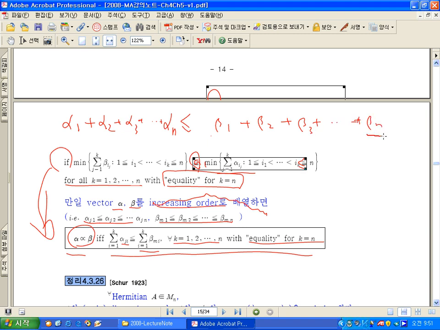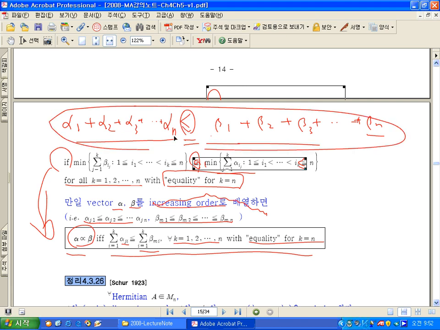Particularly when you reach the end, this inequality is changed to an equality. This is the condition for the majorization. Okay, you understand? So this is a very interesting property.